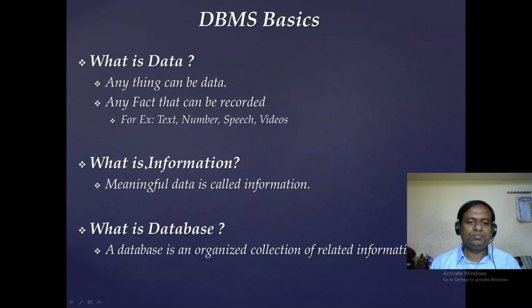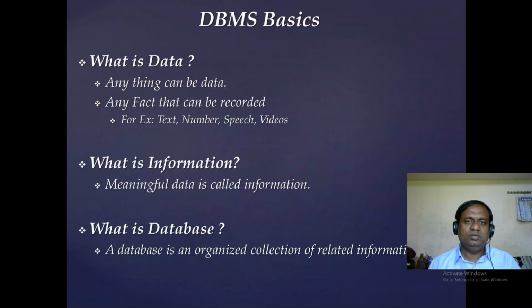Next is, what is information? When the data has got some meaning, it becomes an information. So meaningful data is called information. What is database? Database is an organized collection of related information.